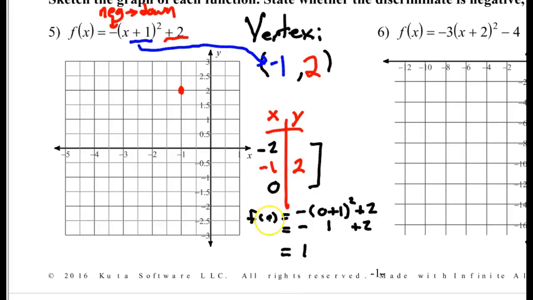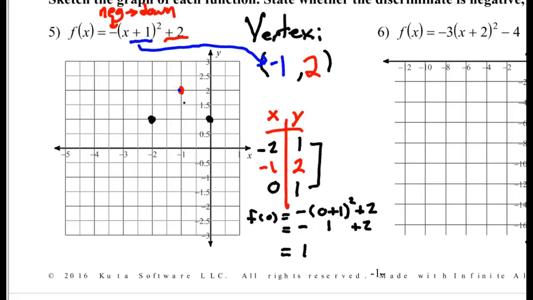We have 0, 1, and we also know we get this one for free. They're going to be the same answer because of symmetry. So I know this will be 0, 1. That's going to be an answer, and then the other side also is an answer. If we wanted to, we can plug in +1, and we'll get the answer for 1 and -3 as well. But I'm just going to sketch that the way it is.